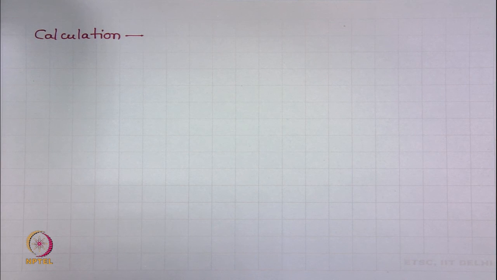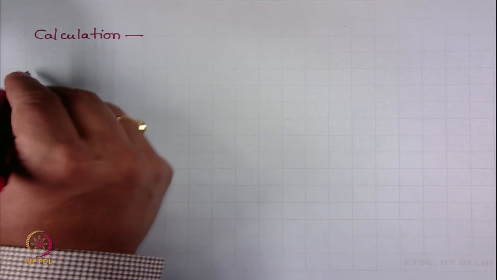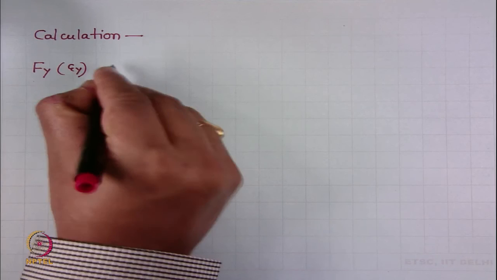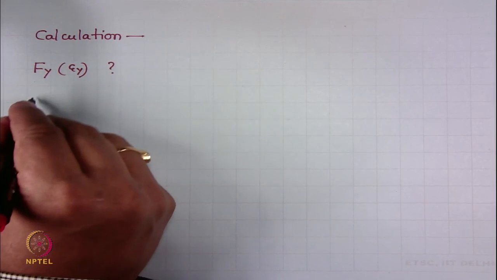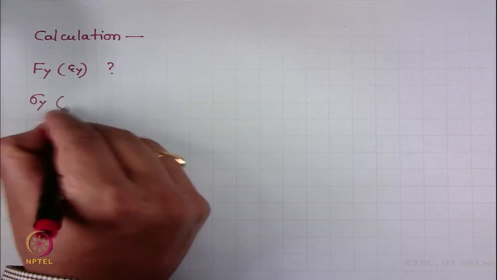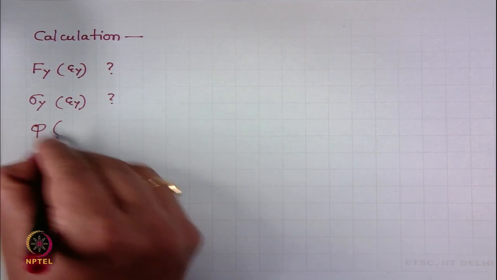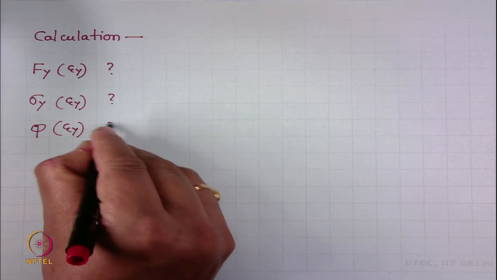Three functions we need to find out. One is this value, second is this value, third is this value.